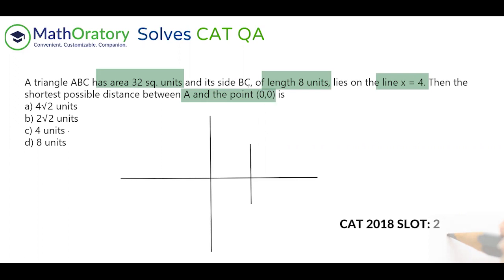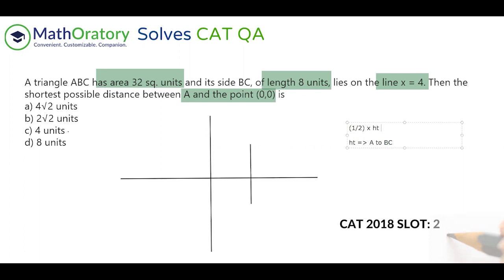If I consider BC as the base of the triangle, then half into height, where the height is the distance from A to BC.